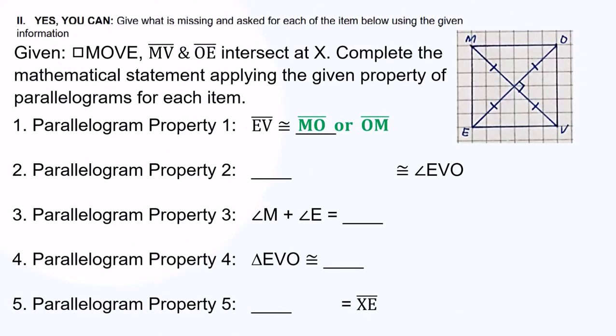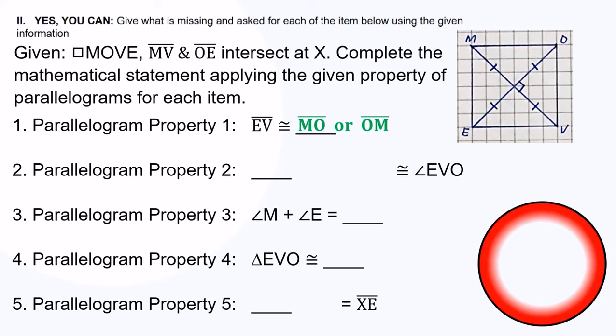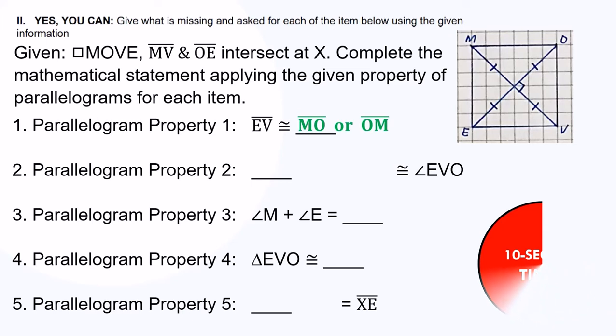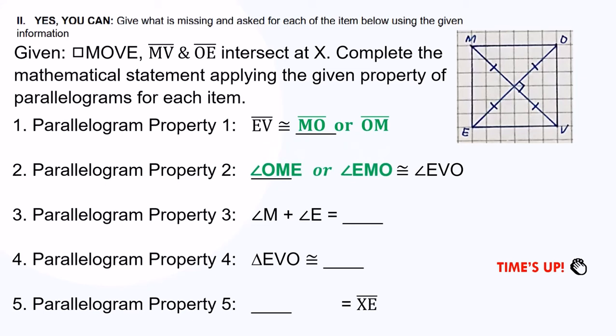Number 2. Parallelogram property 2. Blank is congruent to angle EVO. Your timer starts now. Correct answer, angle OME or angle EMO.